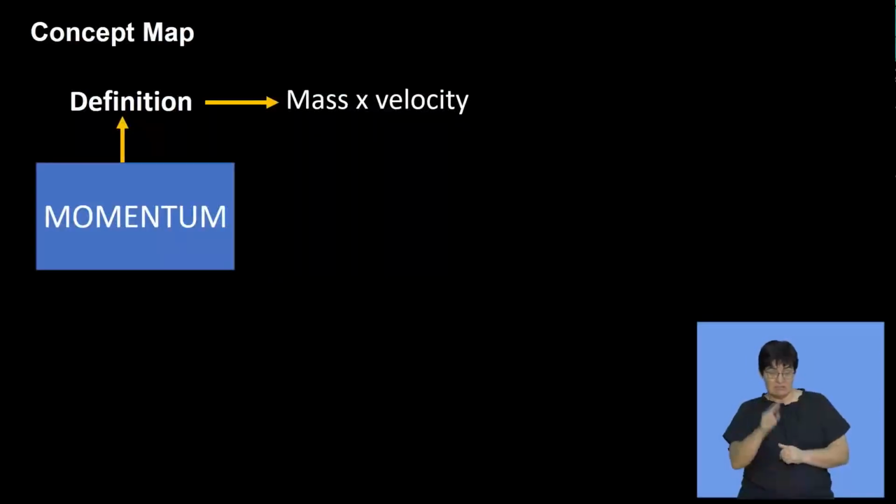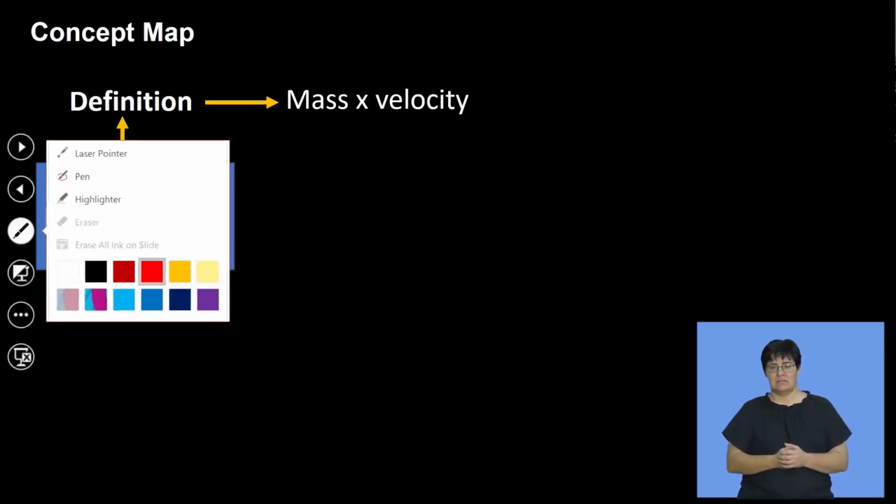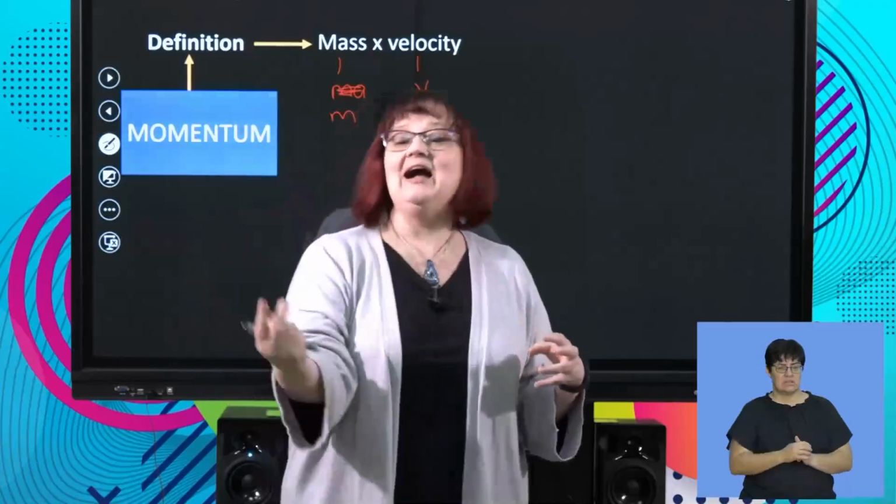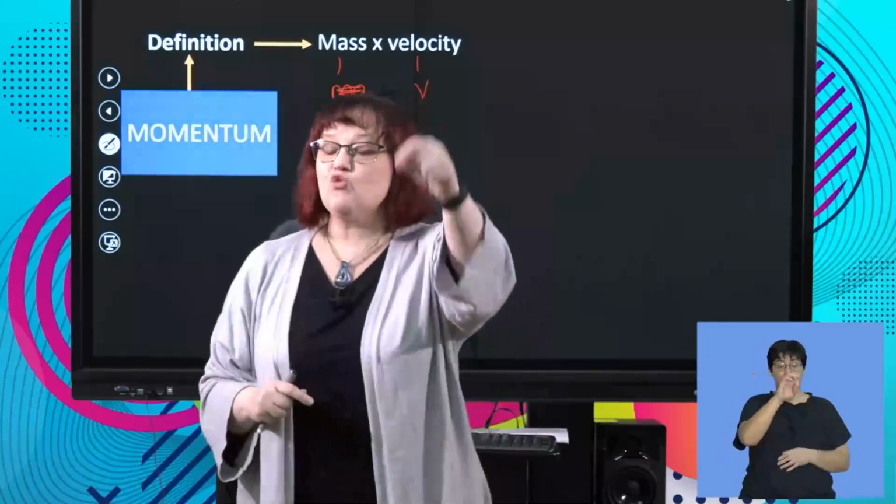So when we look at it, mass, M. V is velocity. What we need to see here is that when we define momentum, it's the product.